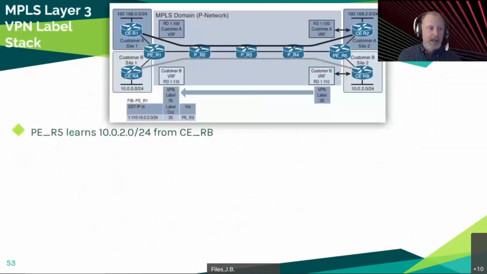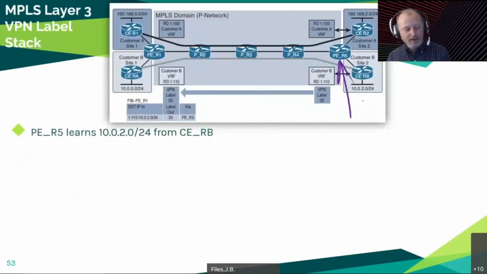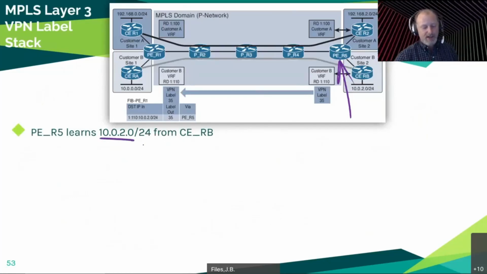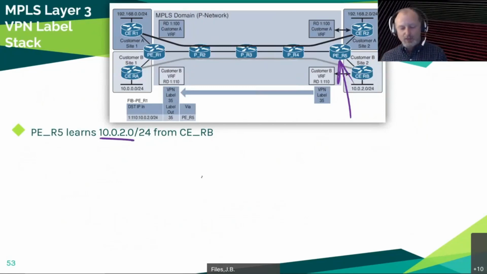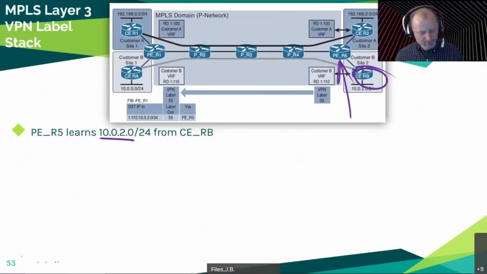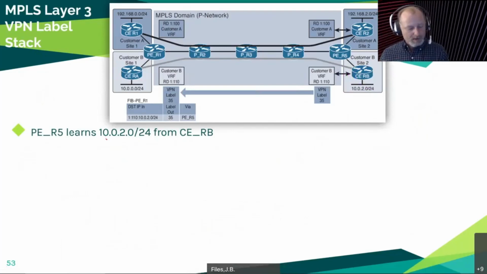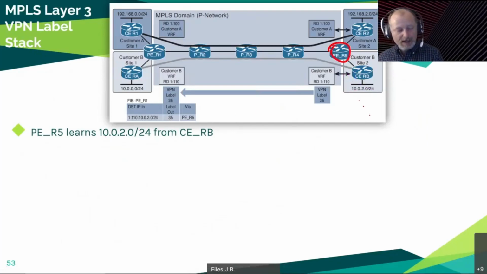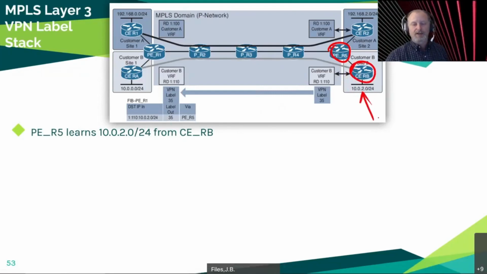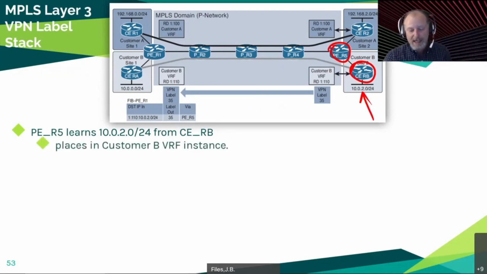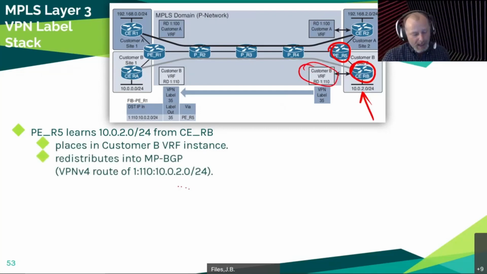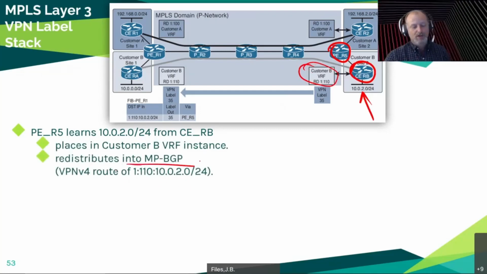So here we have provider edge 5 router. It is going to learn the 10.0.0.2 from customer edge router B. Provider edge router 5 learns about this 10.0.0.2 network from customer edge router B, places it into customer B's VRF instance, and redistributes it into BGP.